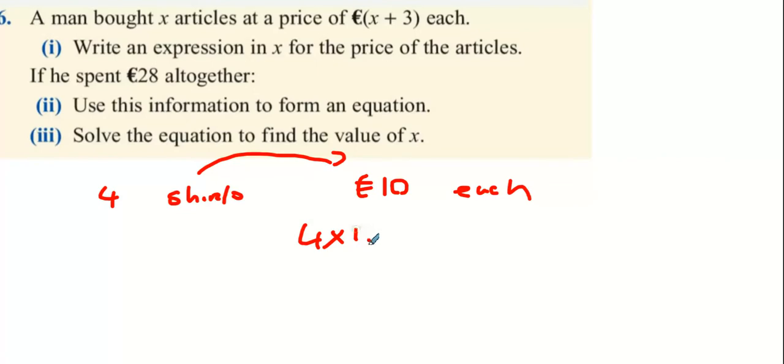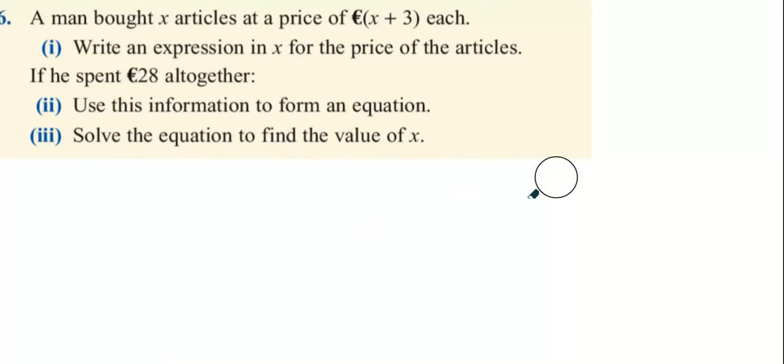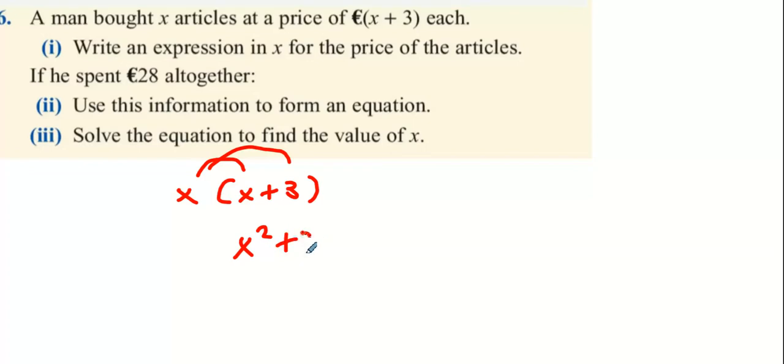So it'll be 4 multiplied by 10, which is €40. We take this example and what we say is, if we buy x objects, but each object costs x plus 3, we're multiplying the number of objects we bought by the price per object. So we multiply that out and we get x squared plus 3x, and that's the answer to part 1.